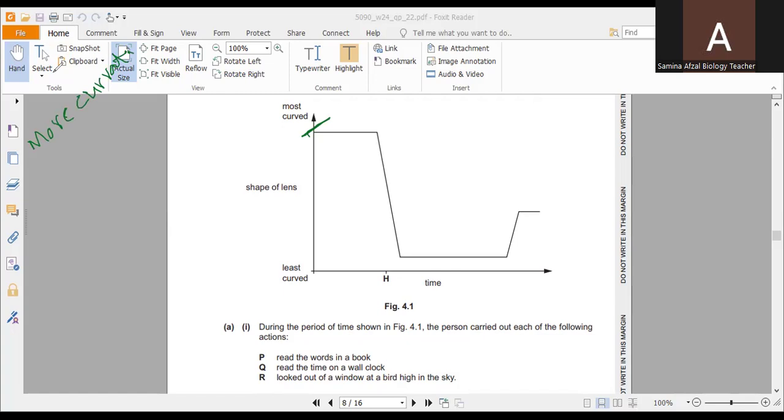It means it will almost be round in shape.